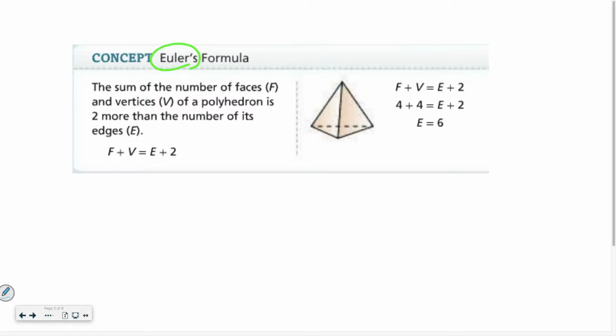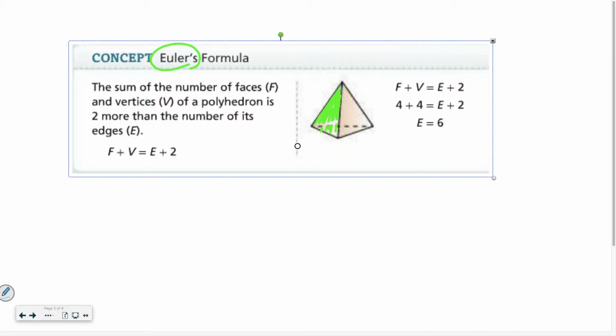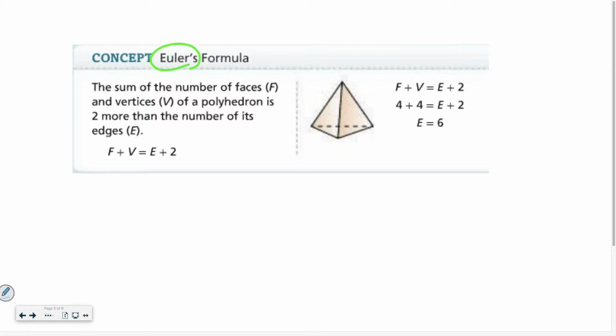So in this case, this whole side here, that is a face. And then if I wanted to talk about vertices, I would talk about all of these points. And if I wanted to talk about edges, I would talk about all of these different edges. Okay?